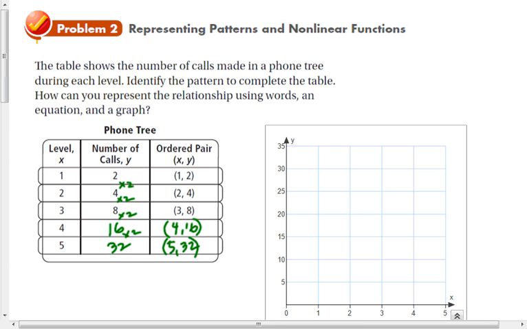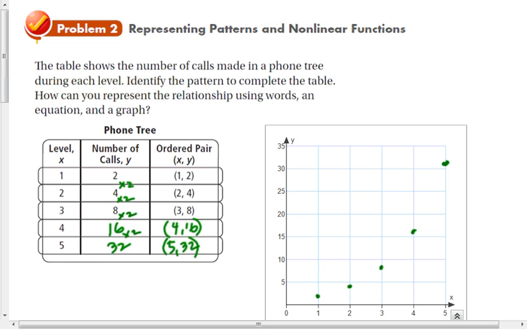Okay, to make a graph of that, we just need to estimate where these ordered pairs are. 1, 2 would be about right there. 2, 4 would be about right there. 3, 8, 4, 16, and 5, 32.